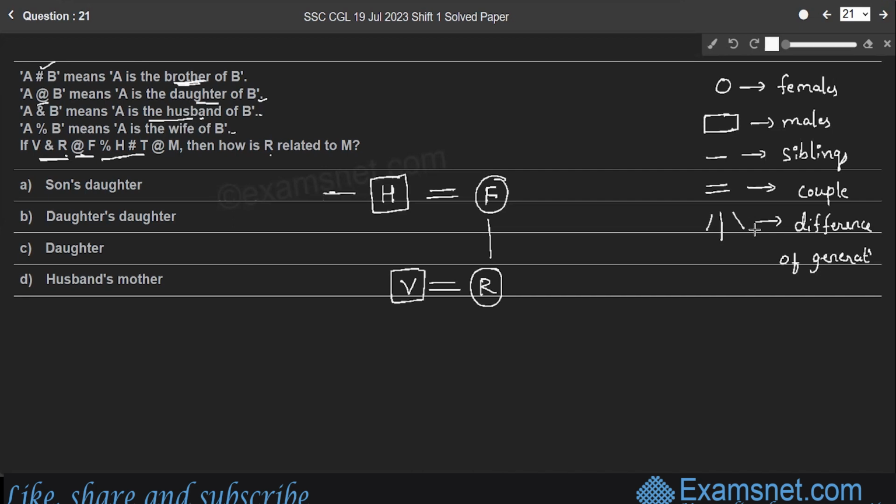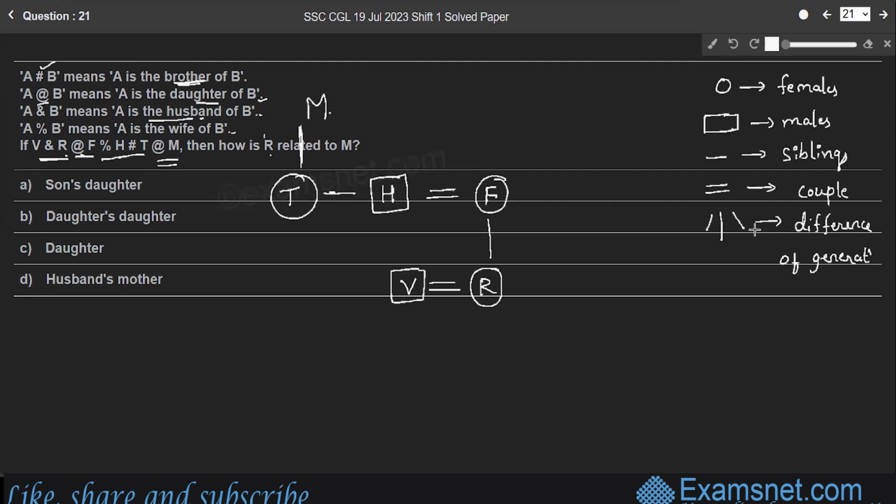So H and T are siblings. H is brother of T. Next, T at the rate of M. So at the rate means first person is daughter of M. T is daughter of M, right? Therefore, T is a female and daughter of M means T's parent is M, right?